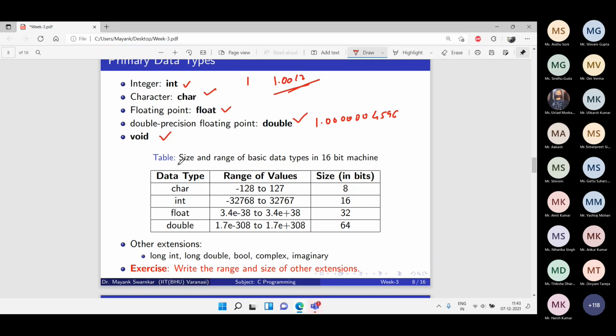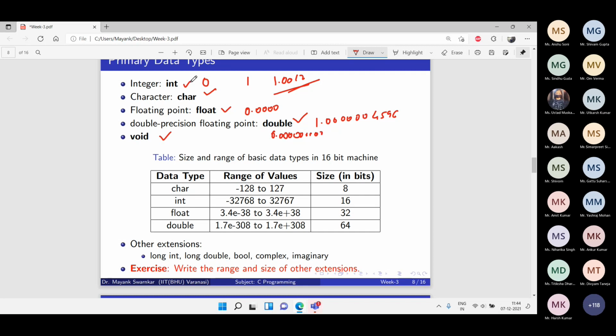Now, in memory, can we have 0 in float and double, or negative numbers? Yes, we have 0 in integer also, 0 in float also, and 0 in double also. Like here it will be 0. Here it will be 0.0000, whatever is the floating point. Here it will be 0.00000000. No problem.